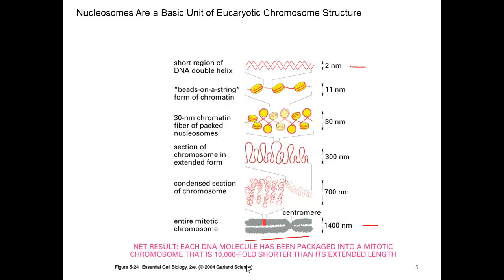I have that at about a 100,000-fold ratio, but the point is that it's incredibly condensed, and the way that the cell achieves this is quite remarkable. We'll focus mostly on the top levels of organization, and in particular we'll be talking about this one, the so-called bead on a string level.